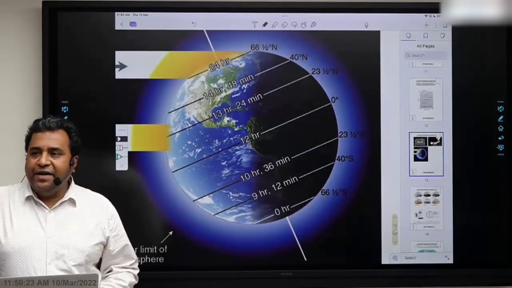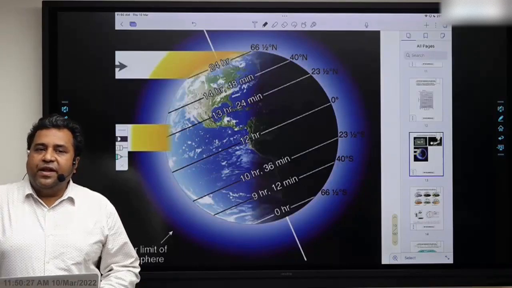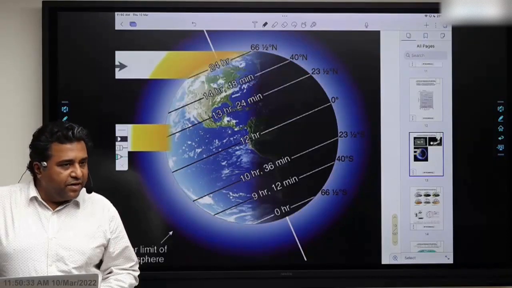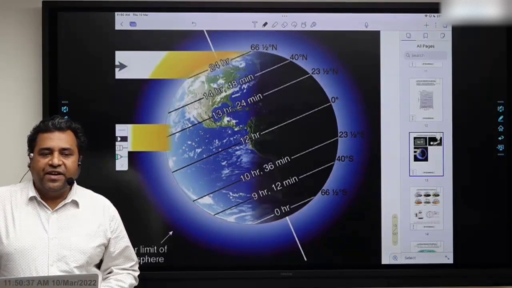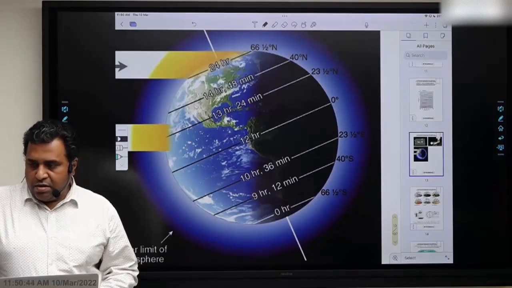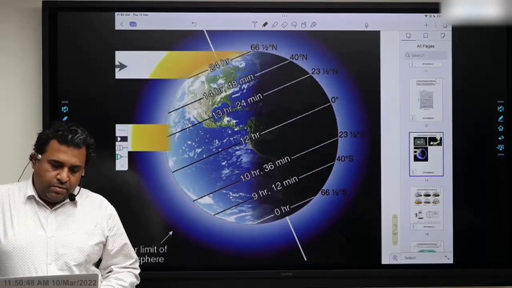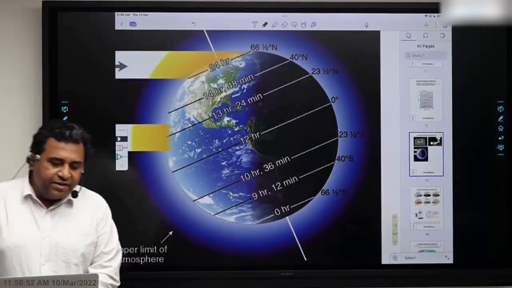Whereas the poles will get nearly parallel sunlight with the least intensity.